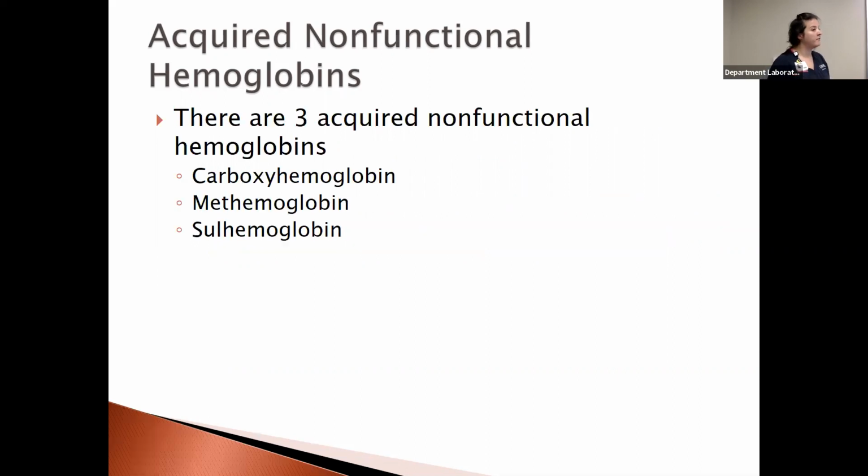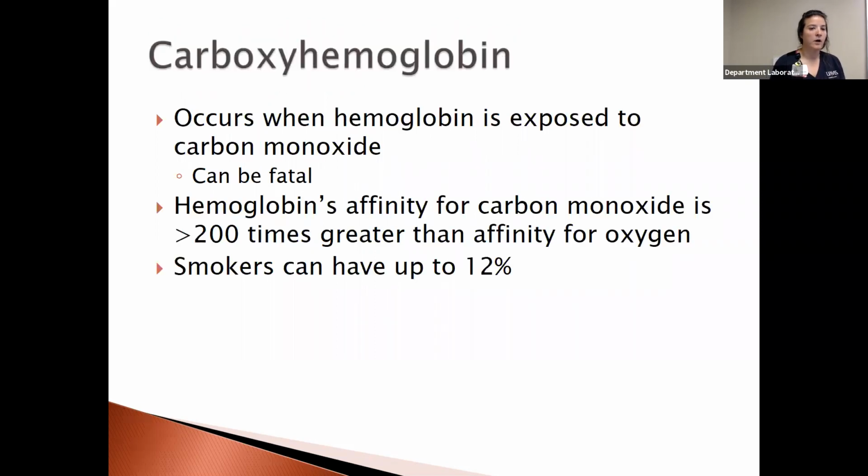All right, so there's actually 3 of these that you guys need to be aware of: carboxyhemoglobin, methemoglobin, and sulfhemoglobin. Carboxyhemoglobin occurs when the hemoglobin is exposed to carbon monoxide. So if any of you guys ever heard of carbon monoxide poisoning, this is what happens.